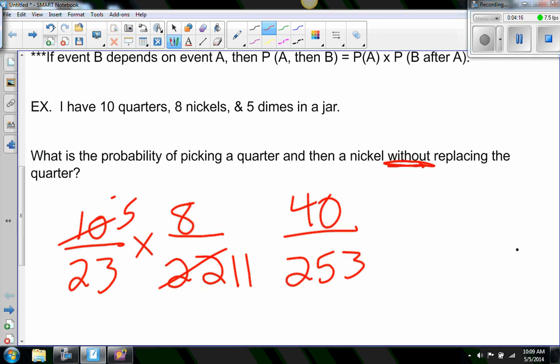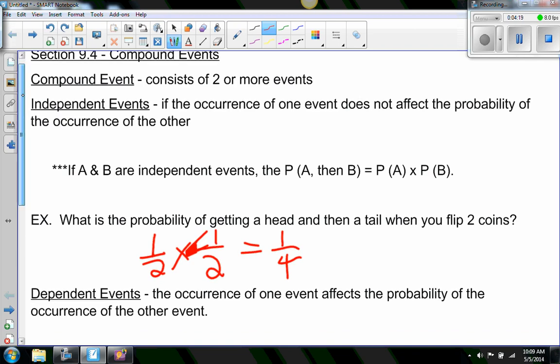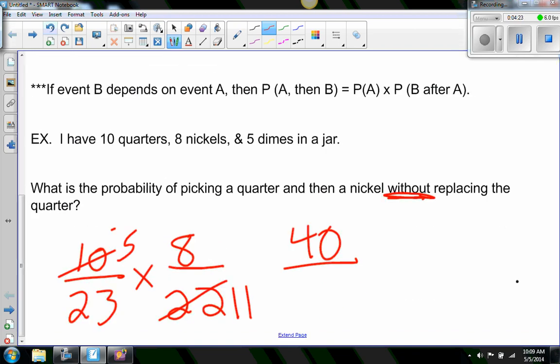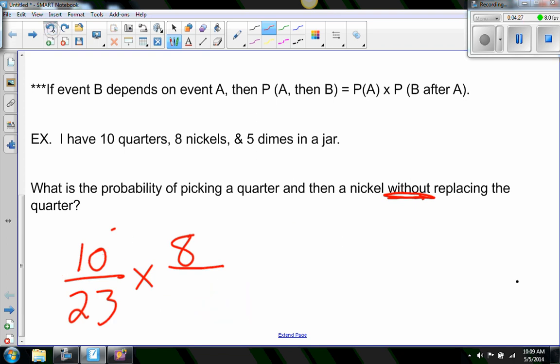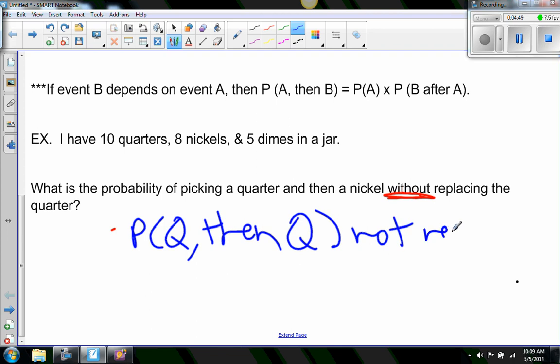Okay, so then let's look at a couple more examples, just like that one. Let's look at this same example, but now let's change it up a little bit. Let's say that I want the probability of quarter and then quarter, and again, not replacing.